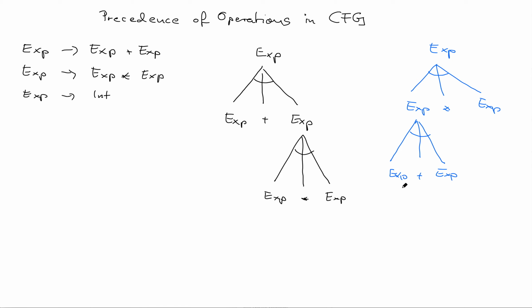To show that we can actually derive in both cases the string 1 plus 2 times 3, we continue the derivations. Like this, and also on the other side.